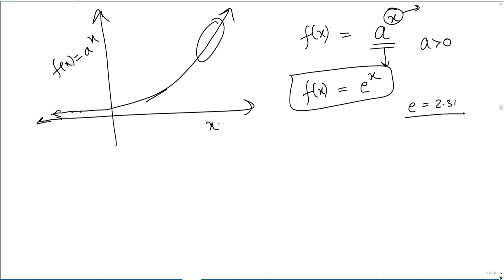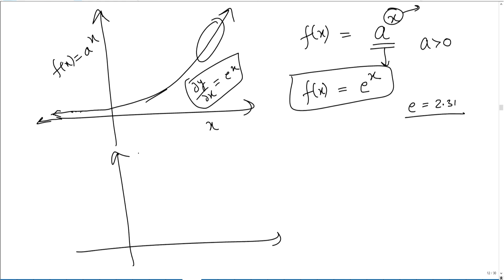We also discussed the function with which this rate changes. That function also remains the same for the exponential function: the rate with which the value of y changes with respect to the value of x is also e to the power x. However, if you have a negative exponent, say the function is a to the power minus x, the graph would look like this.